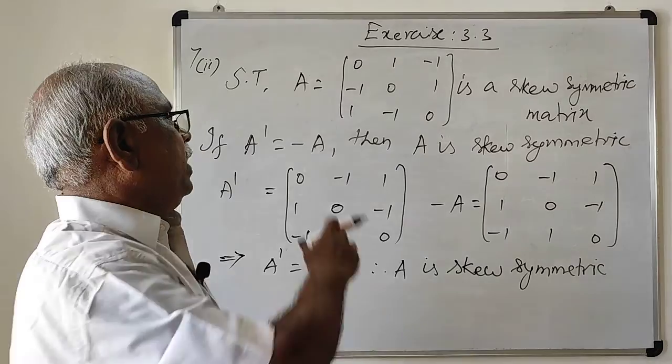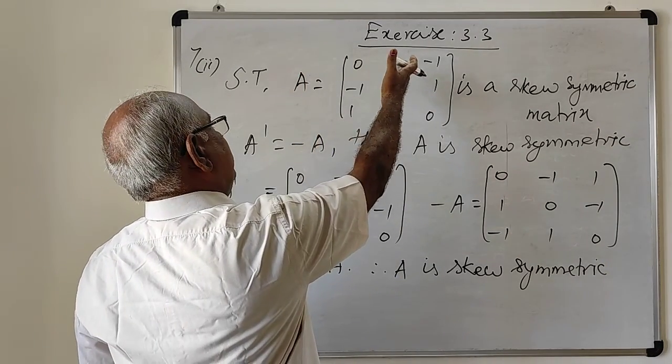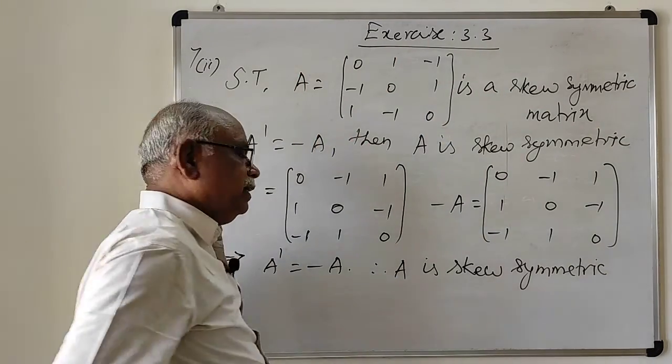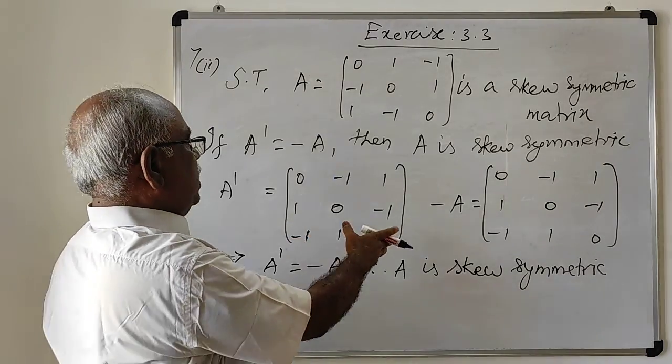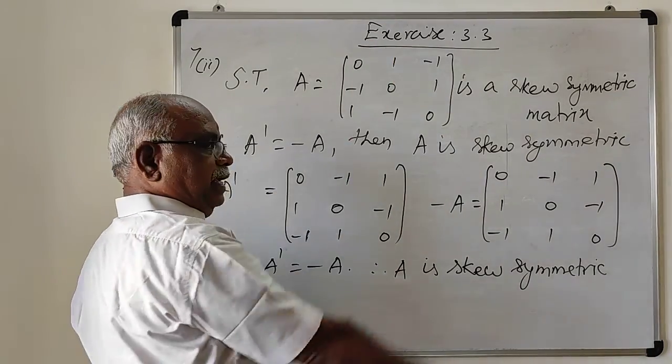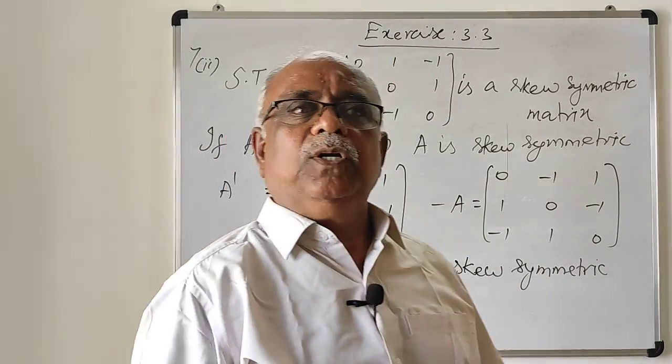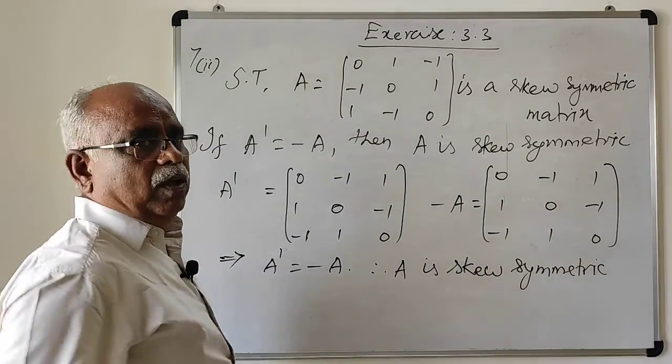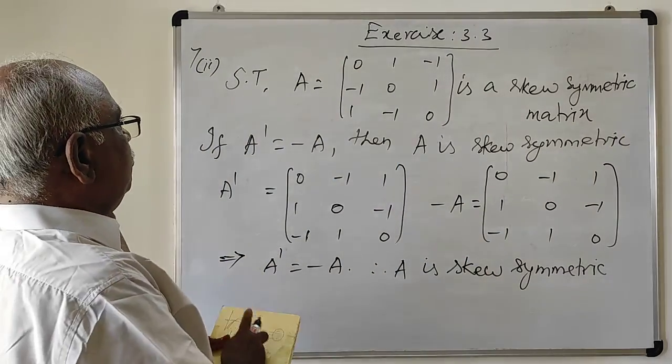If it is so, we can immediately say A is skew symmetric. It's a shortcut method to solve the problem. Okay, next, 8th problem.